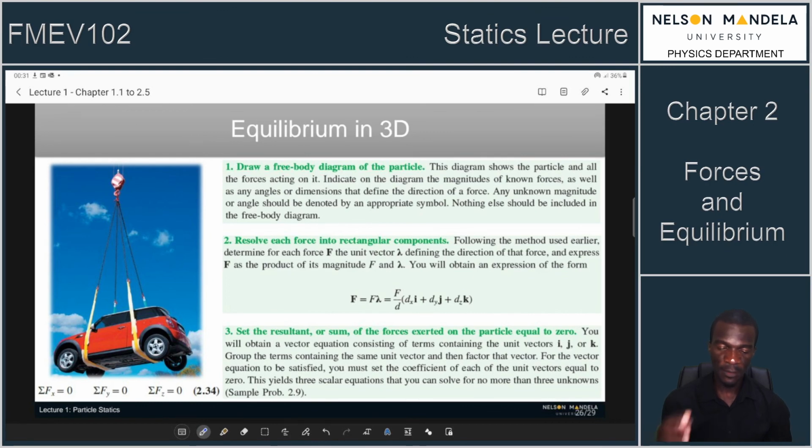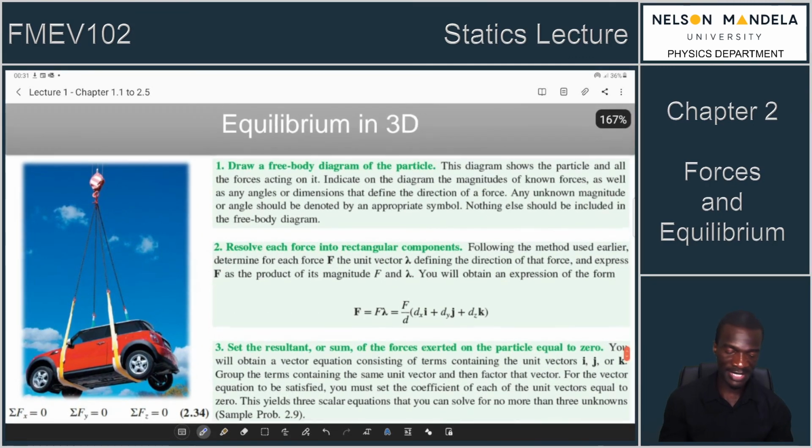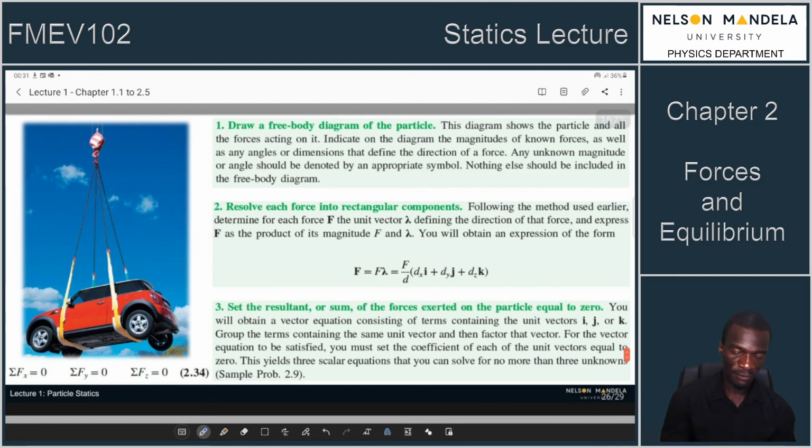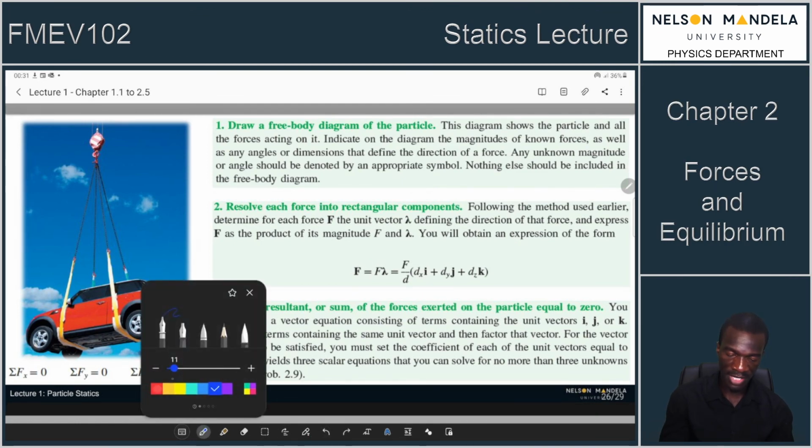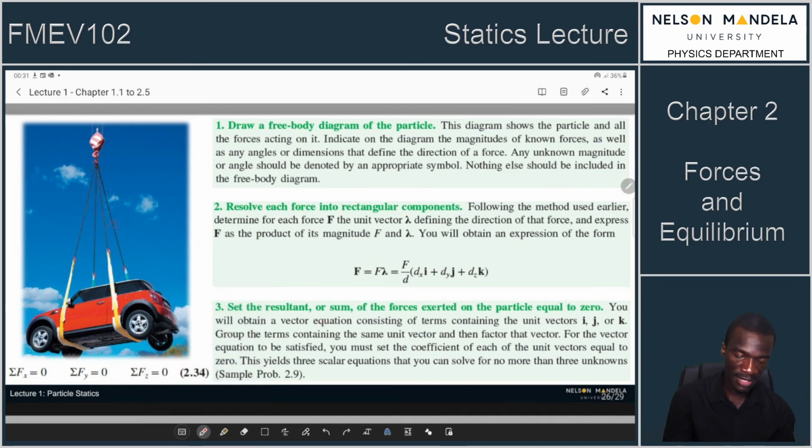For you to hoist this car in this way, you would need some forces acting in these cables. Let me change this color here to make it stand out. So you will have some tension in there, some tension in there, some tension in there, some tension there. And these tensions should end up forming an equilibrium condition with the what? With the weight of the vehicle.